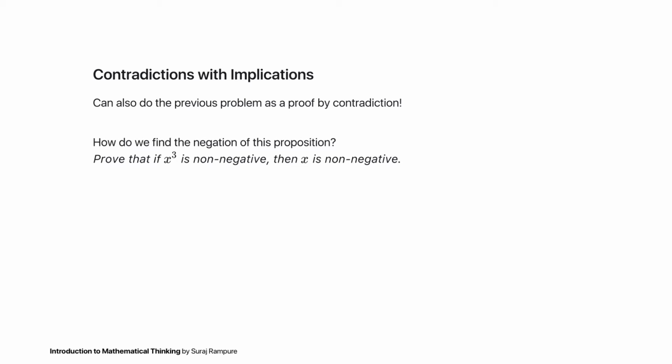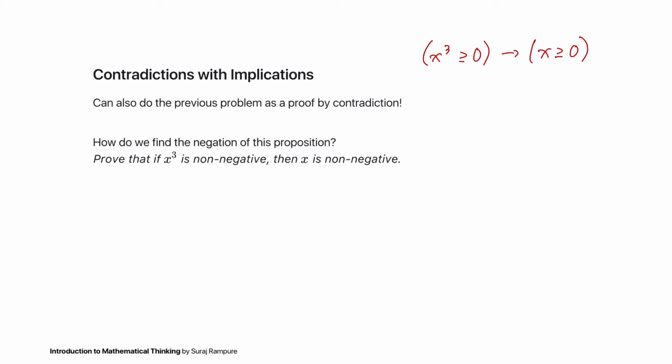So similarly, what we can do is rewrite our implication in terms of conjunctions and disjunctions and do a proof by contradiction. I'll give you a couple minutes to discuss amongst the people near you. Think about how we can rewrite x cubed is greater than or equal to 0 implies x is greater than or equal to 0 in terms of conjunctions and disjunctions, and what its negation would be.